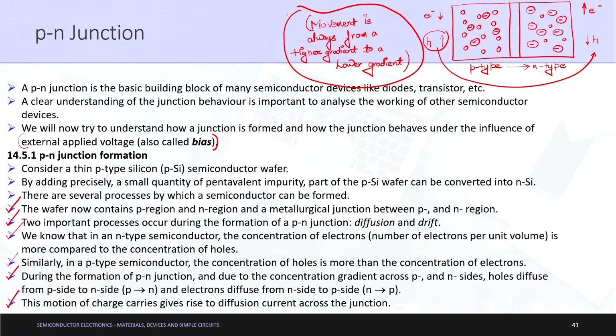Everything which is happening, a PN junction being formed, is due to the concentration gradient. Why is there a concentration gradient? Because on the N side there are majority charge carriers of electrons, and on the P side there are majority charge carriers of holes. If there are majority charge carriers, then there is certainly a minority charge carrier also. Therefore, N type will have holes as the minority charge carriers, and P type will have electrons as the minority charge carriers.